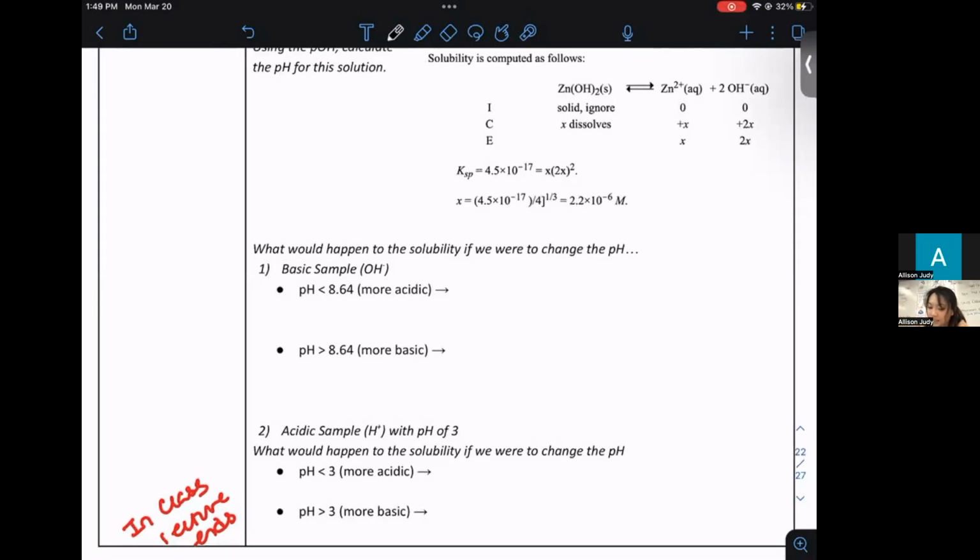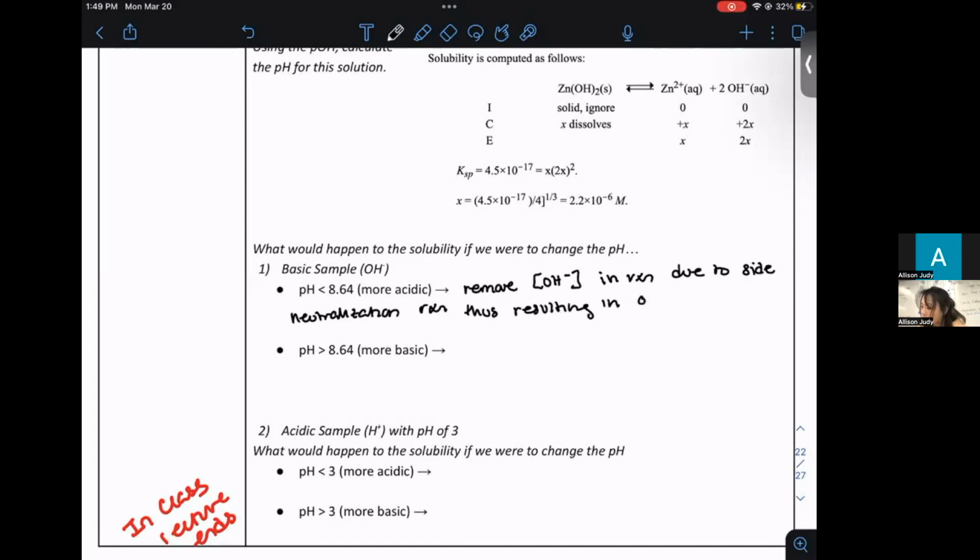So what's going to happen is that we remove OH minus in reaction due to the neutralization reaction, thus resulting in our dissociation to favor ion formation.